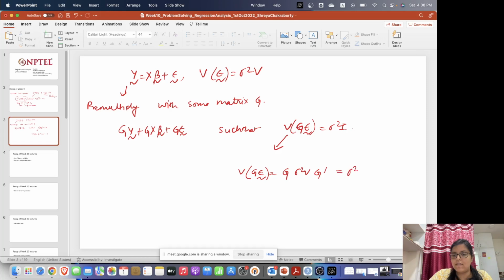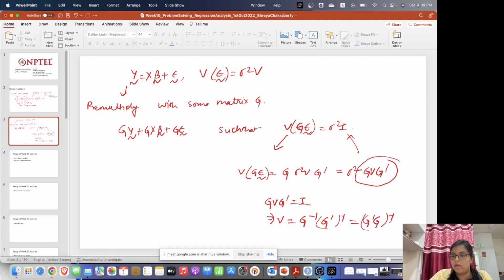So we would have sigma square GVG prime. Now this quantity is supposed to be I, so that we can apply our OLS concepts. Equating these two, we would get V as G inverse G prime inverse, or G prime G inverse.